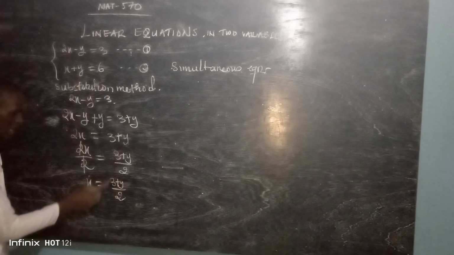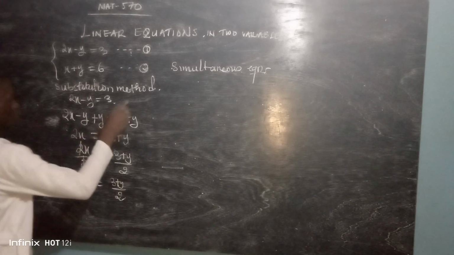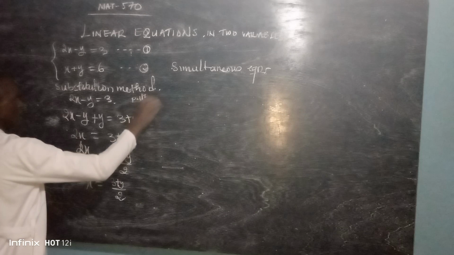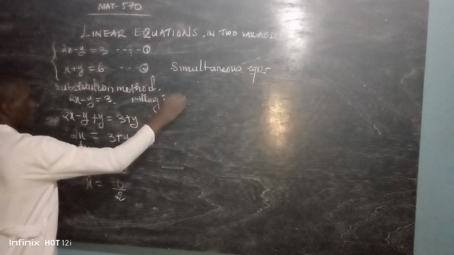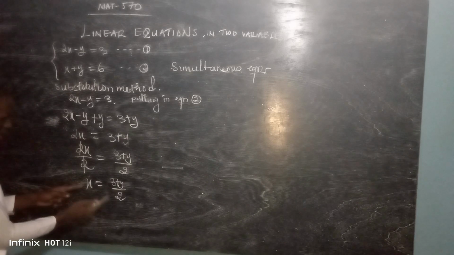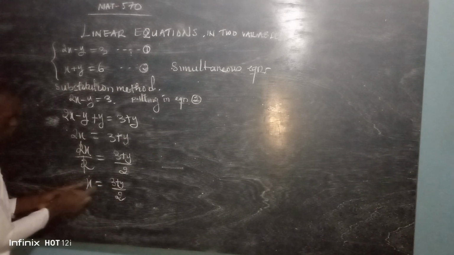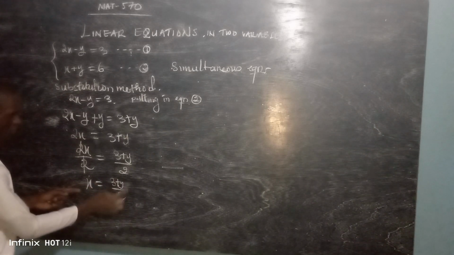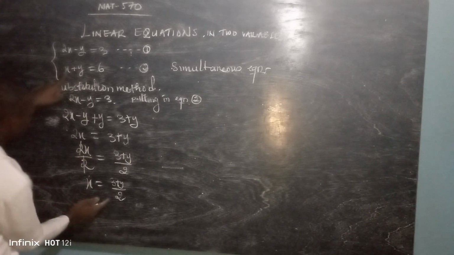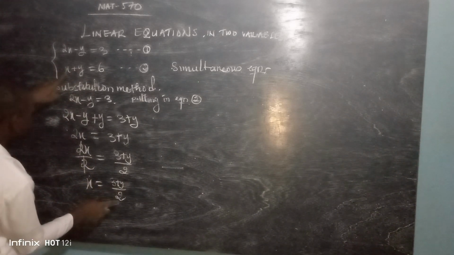Now, this is my new expression for x. I'll copy this one and replace it in equation 2. X is equal to this. I'll copy this value for x and replace it in equation 2 for the position of x. X is 3 plus y divided by 2.